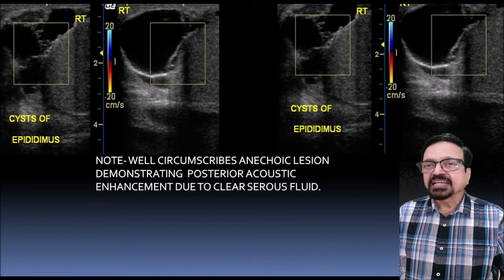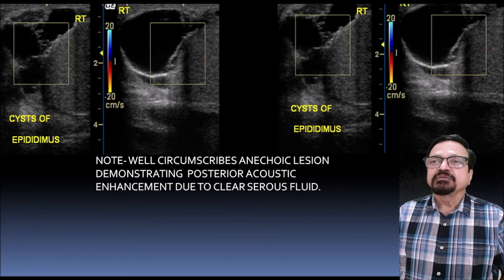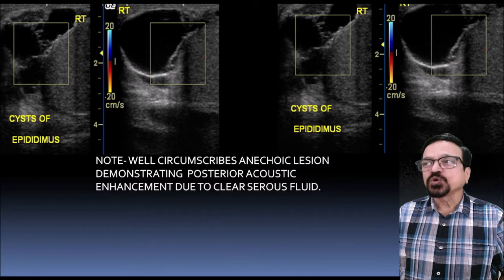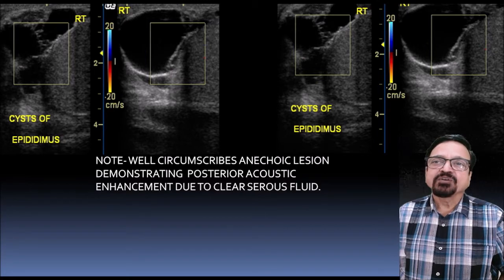Now, though most of the walls are well circumscribed, there are anechoic lesions seen which demonstrate posterior acoustic enhancement due to clear serous fluid. But a certain portion of this cyst does show irregularity, and there is septi formation which indicates the overlying pathology could be chronic inflammatory.